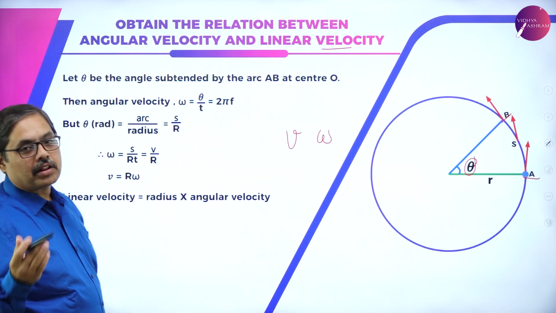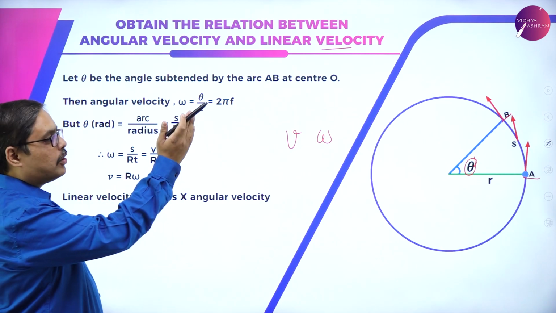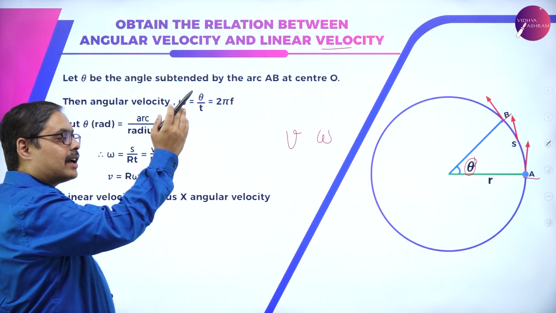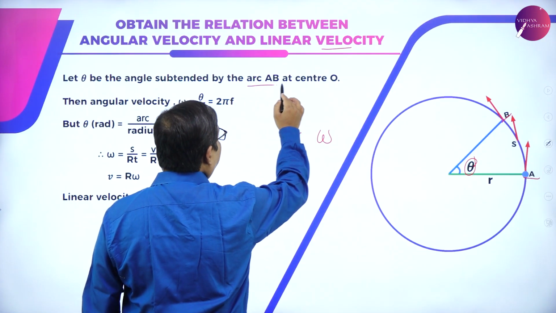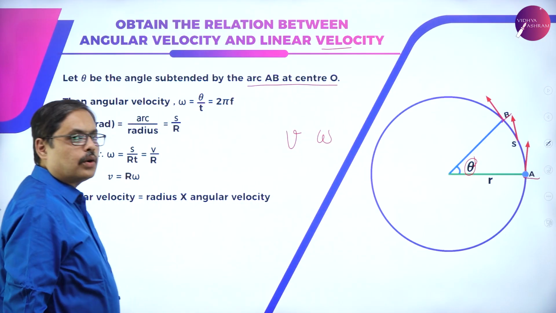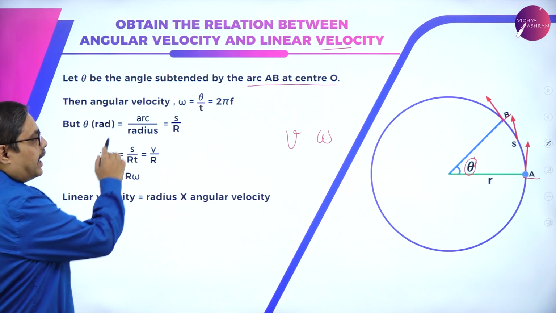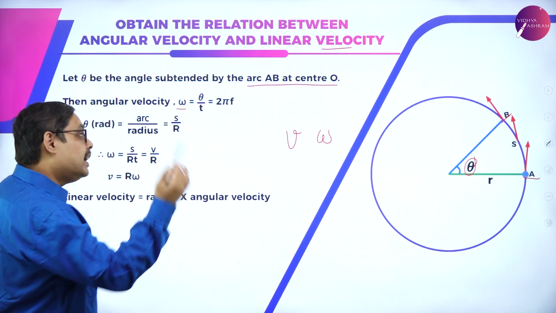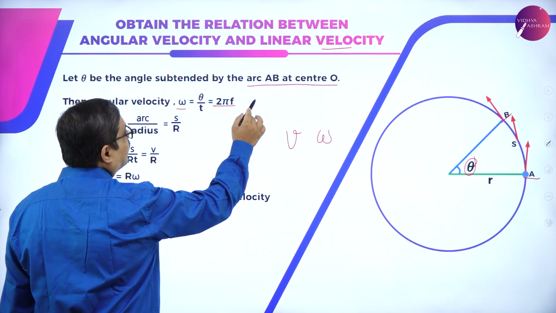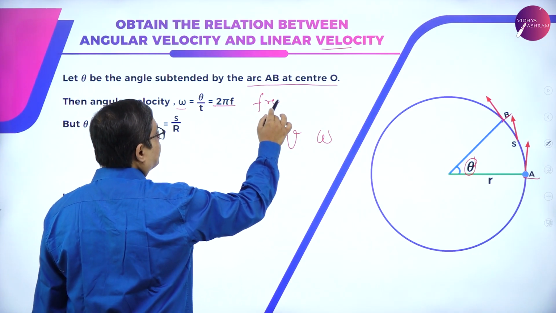So the particle or the object has traveled from position A to position B along the circumference of the circle, and the angle subtended by the arc at the center O is theta. Angular velocity omega is given by theta by t. It is also given by 2 pi f, where f is the frequency.